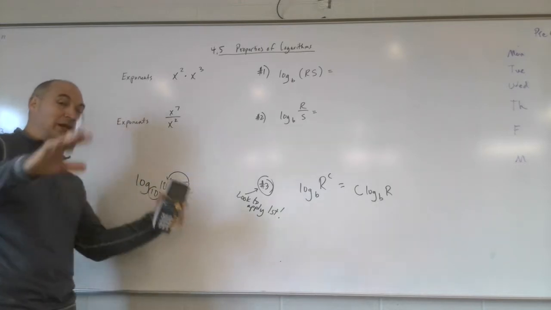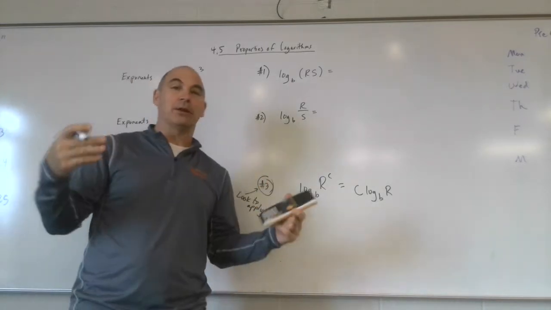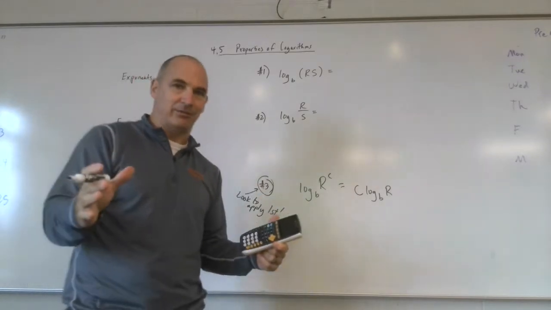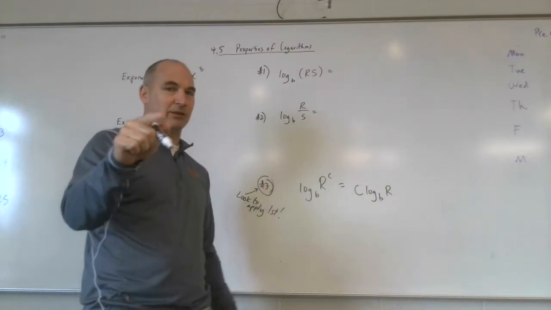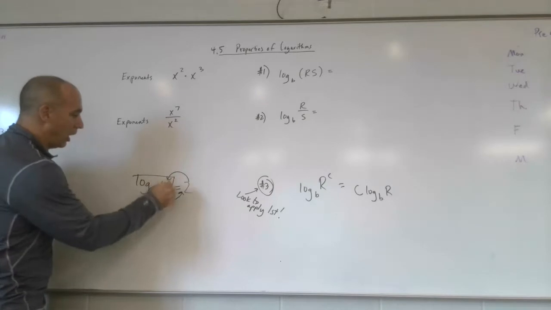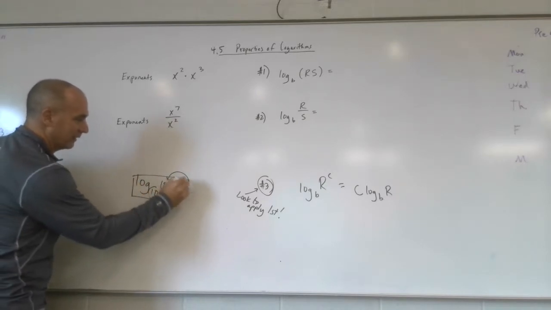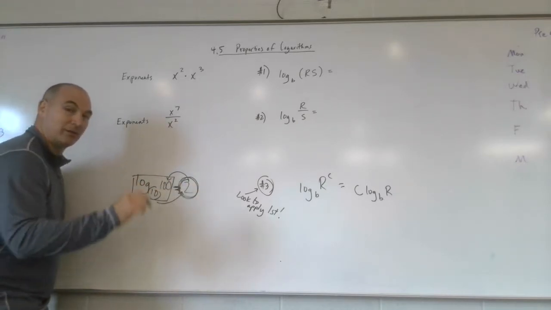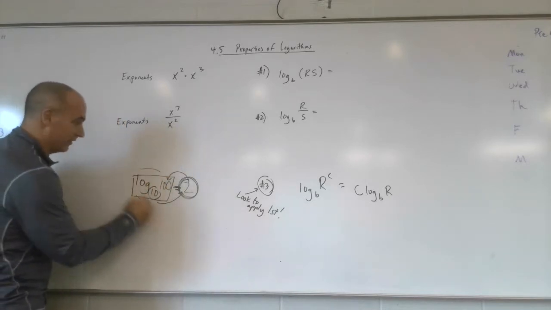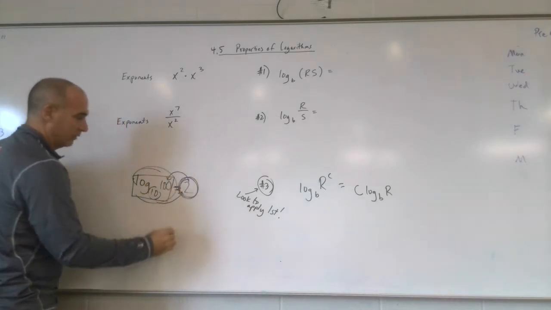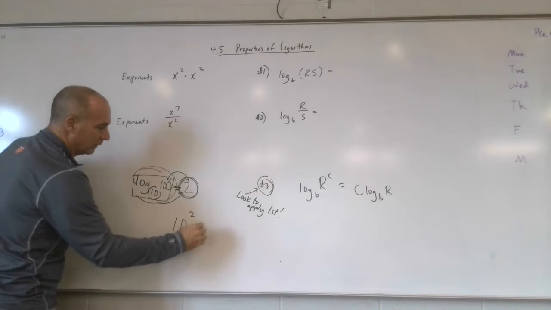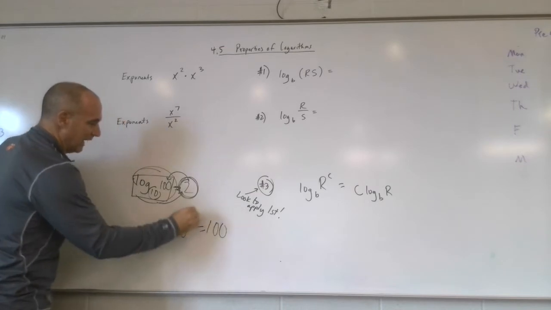So I've got to communicate to you that if someone asks you, what is a log? Think of it this way: a log equals an exponent. Hear that? Because what does all this mess equal? 2. What's that 2? That 2 is the exponent.